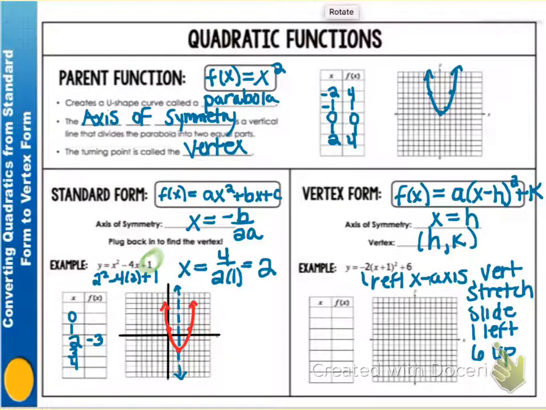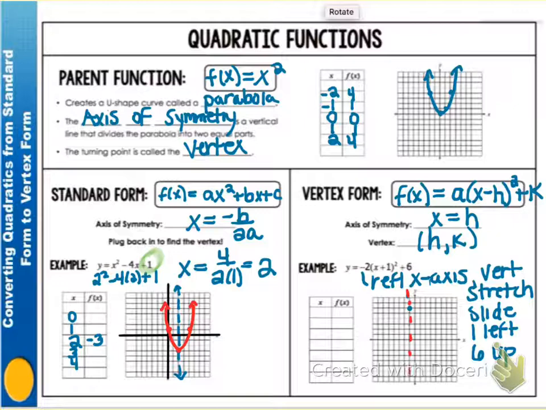So graphing something like this, what we might choose to do is imagine that we're starting at the origin and that we have the point 0, 0, and we just move it 1 unit to the left and 6 units up, 1, 2, 3, 4, 5, 6. And we know that the line of symmetry would be right here. Oops, let's see if I can write that in a different color. Here's the line of symmetry.